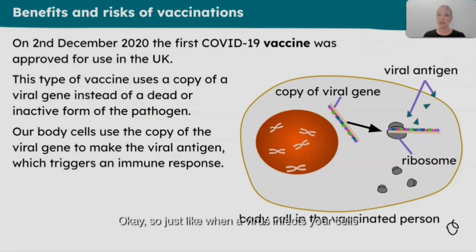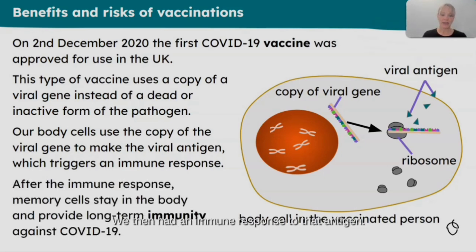Just like when a virus infects your cells and uses its own machinery to build up a new virus, we use that technology in the same way, so that our body cells made the antigen. We then had an immune response to that antigen. After the immune response, just like with a normal vaccine, you produce memory cells, and this gives us long-term immunity against COVID.